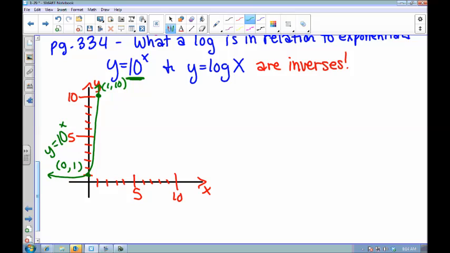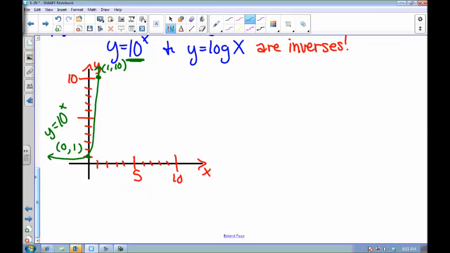Maybe I'll delete this 5 because it's in an awkward spot. Now I keep throwing this word around: inverse. The log function is an inverse of this graph, where literally the x's and the y's switch places.